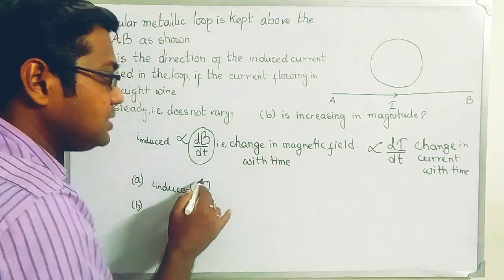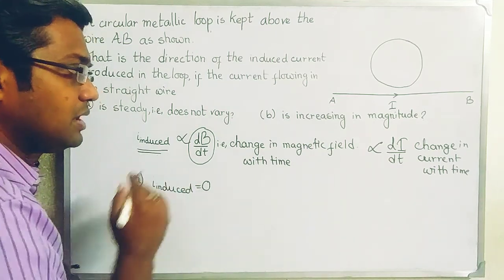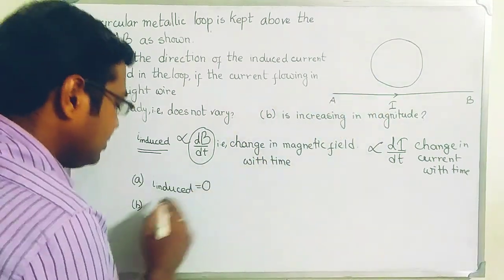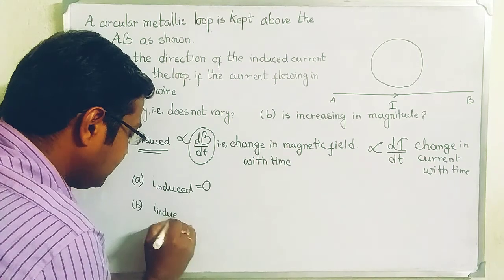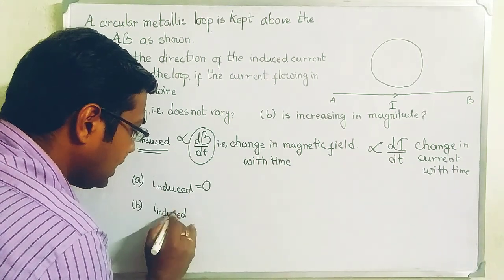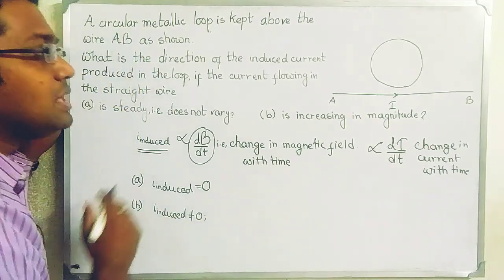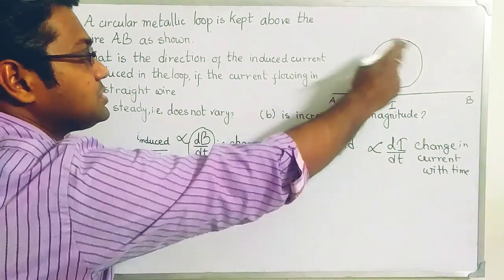If the magnetic field is changing with time, then there will be an induced current, a current flow in this circular wire. We don't know the magnitude here, so we can say I induced is not equal to 0. Some magnitude of current is induced here.